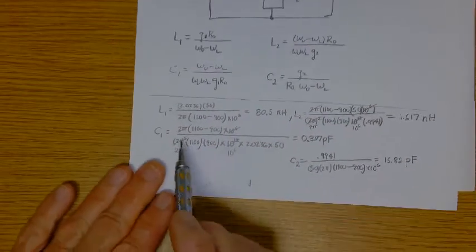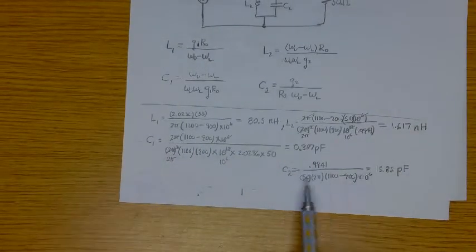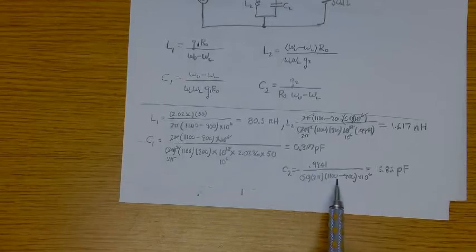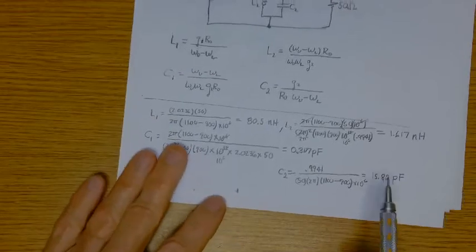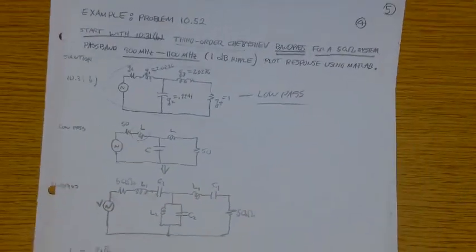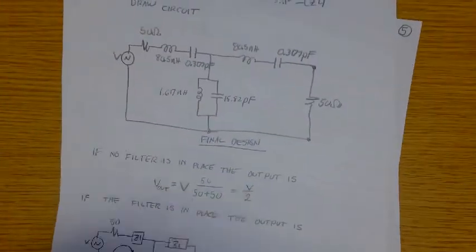Turns out to be 15.82 picofarads. Okay, so now I got all my circuit values. So now I can draw the band pass design. Source, 50 ohms. Here's my first series element, here's my first shunt element, and then here's my next series element, which is identical to the first.